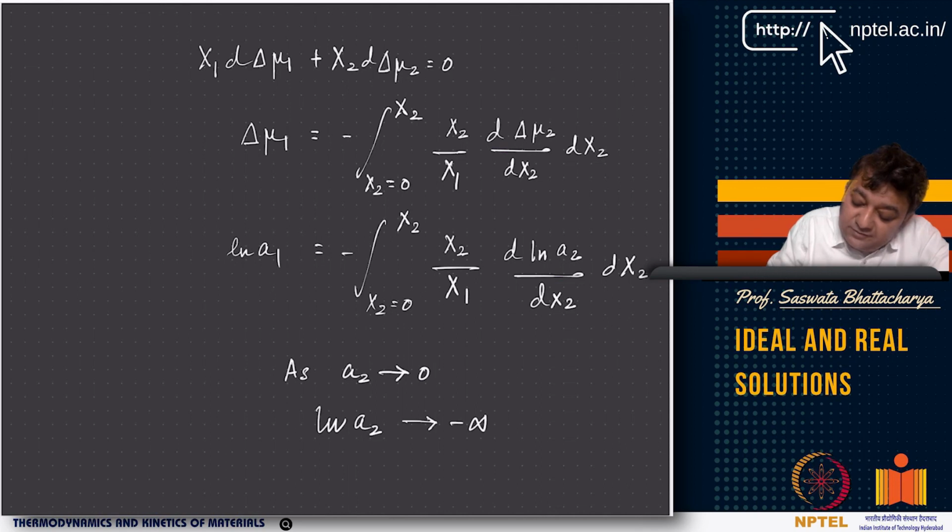Now x2 equal to 0 is the pure component, which means x1 equal to 1. To x2, where you have some contribution of component 2, there is x2 by x1 d delta mu 2, so this becomes d delta mu 2 dx2.